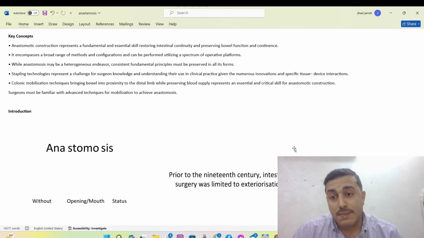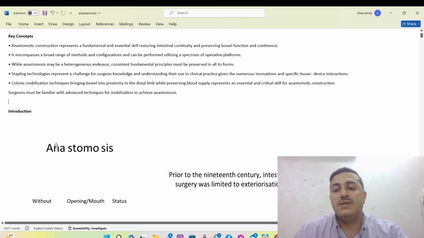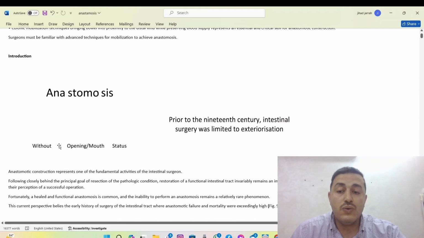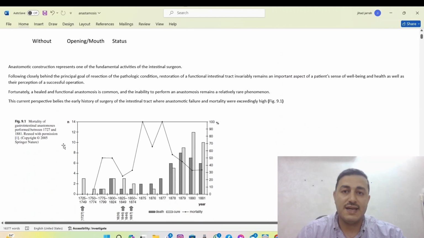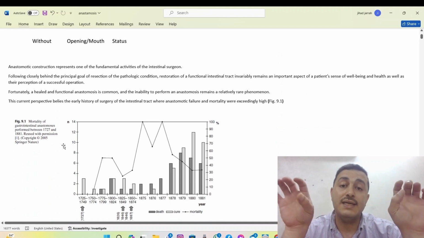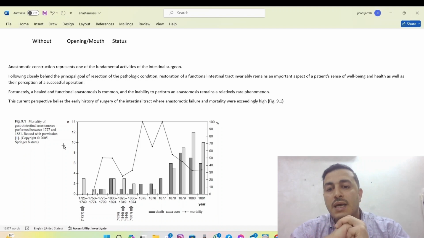If we are interested in the terminology, ana, as you see here, means without, stoma means mouth, so anastomosis is the status without a mouth, or reconnecting, as I told you, two tubular structures together.